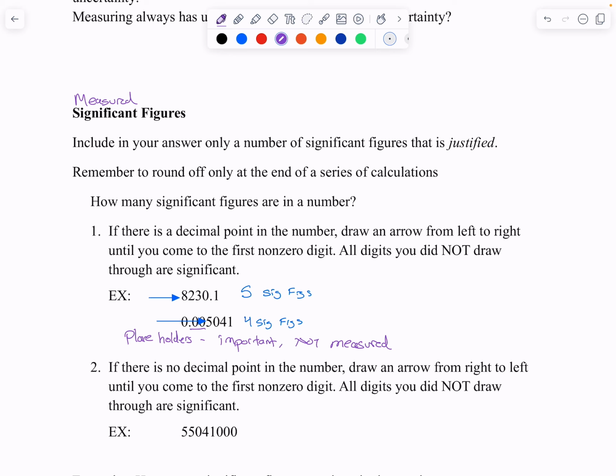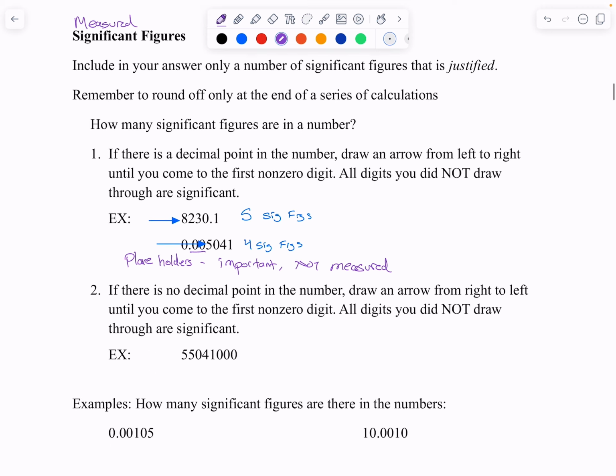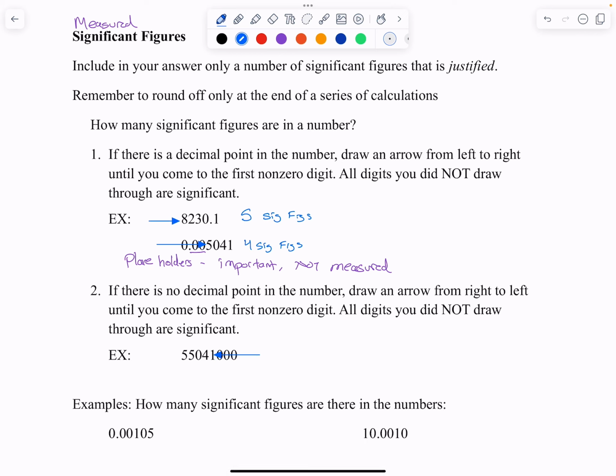It's weird now because we're so used to counting, and $2 plus $3 is $5. But 2 grams plus 3 grams is around 5 grams, but it's not always. That's what's weird. So if there is no decimal, we go the other way, from right to left. And in this number, we have 1, 2, 3, 4, 5 sig figs.